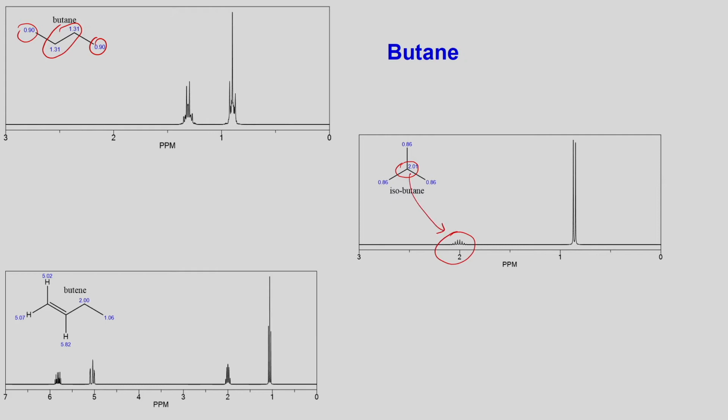Now, in the case of butene, you have the unsaturation happening, we have the double bond. Because of the double bond effect, it will be highly deshielded. The hydrogens at 5.82 and 5.07 will be deshielded. Because of the deshielding, it appears at the higher end of the spectrum, with higher chemical shifts.